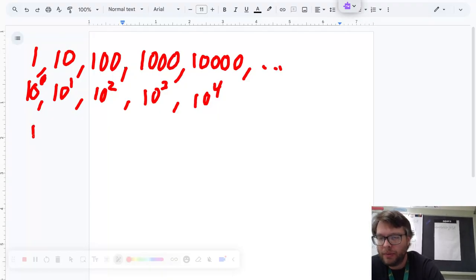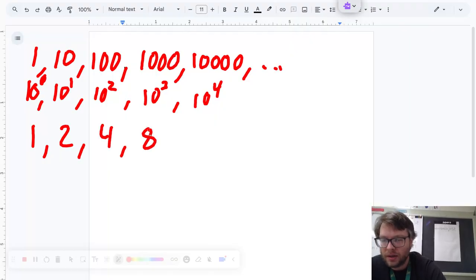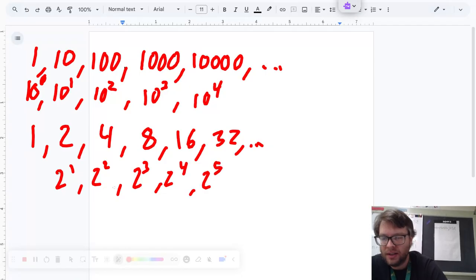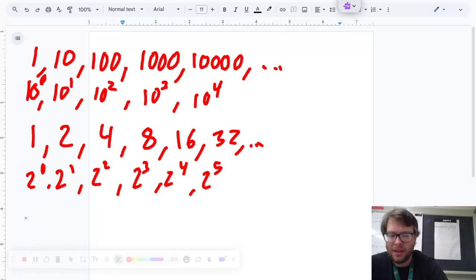And then we looked at a different geometric pattern. 1, 2, 4. Then we had 8, then 16, then 32, etc. And we could write that as 2 to the first, 2 to the second, 2 to the third, 2 to the fourth, 2 to the fifth. In fact, we could write the 1 as 2 to the 0. And we did a couple more patterns.